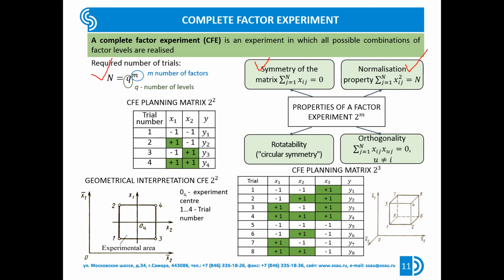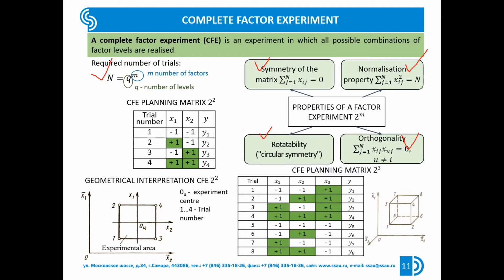Orthogonality, according to which all regression equation coefficients are independent of each other. The scalar product of all vector columns, the sum of the products of any two vector columns of the matrix, is 0. Rotatability, circular symmetry, which ensures the same accuracy in predicting the target function in any direction.